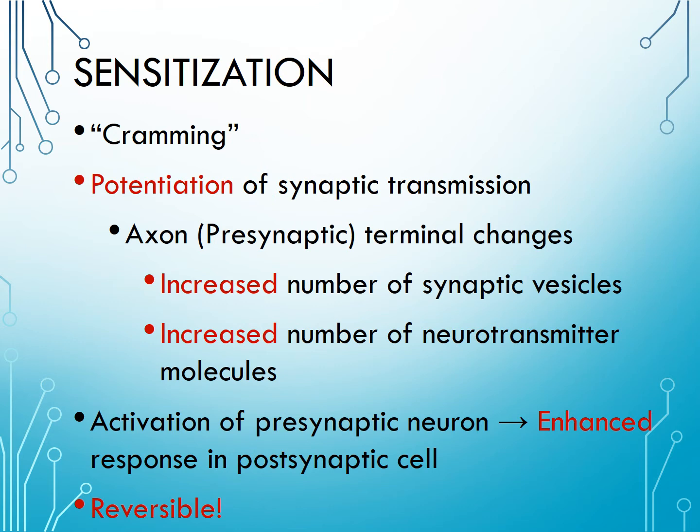More neurotransmitter in the synaptic cleft has more chances of binding to receptors, and therefore we end up with a greater synaptic response. So when we activate the presynaptic neuron, we get an enhanced or potentiated response in the postsynaptic cell.